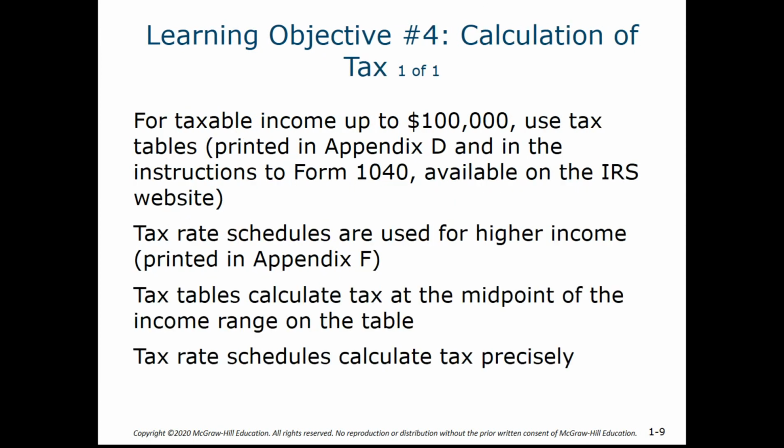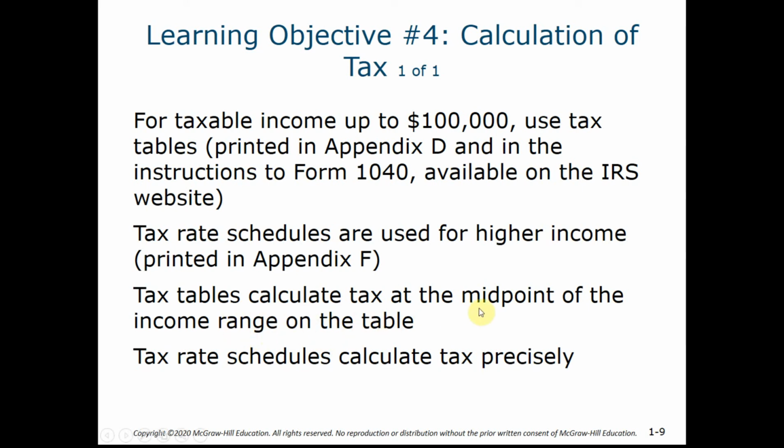For taxable income of up to $100,000, we are required to use those tax tables I mentioned. Otherwise, we can use the tax rate schedules for higher income levels. What's nice about the tax rate schedules is you can see how to calculate your tax obligation because of the various tax rate levels.